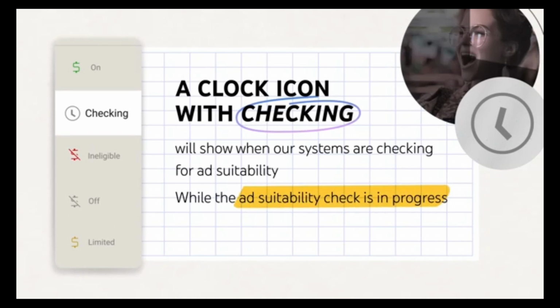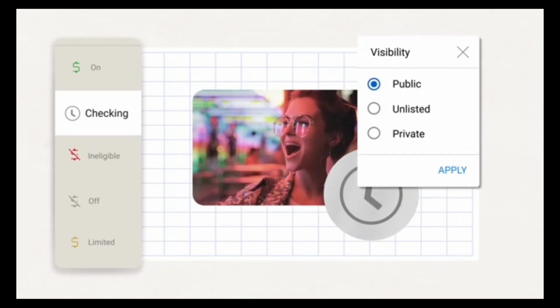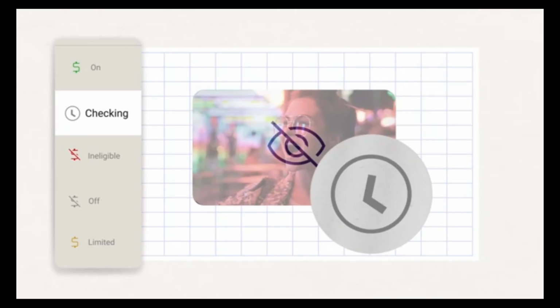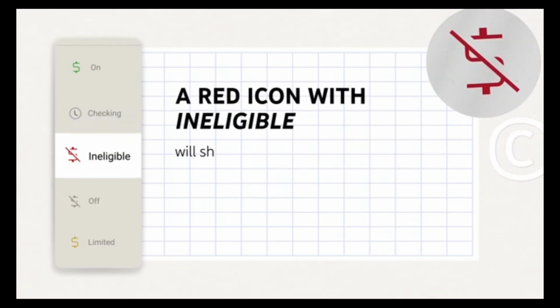For example, if an advertiser pays $5 for every 1,000 ad impressions on your video, your CPM will be $5. But keep in mind, this isn't what you actually earn.